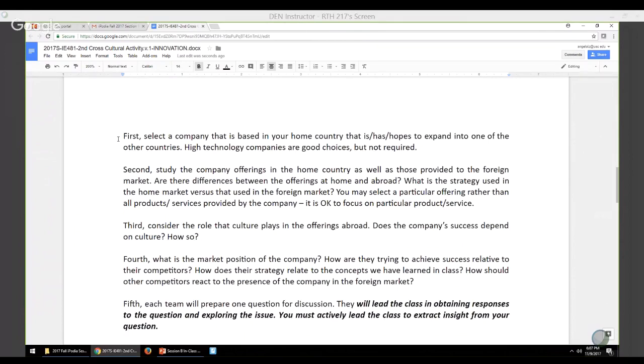Third, you're going to consider the role that culture plays. And fourth, you're going to think about everything that you've been studying so far: what is the market position of the company, how are they trying to achieve success relative to their competitors, how does their strategy relate to the concepts we learned in class, and how should the competitors in the foreign market respond.